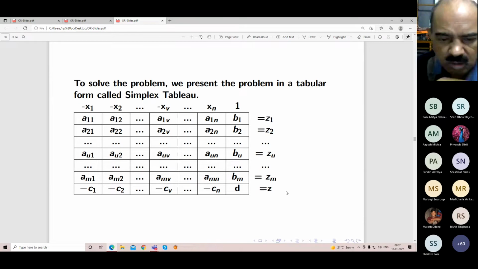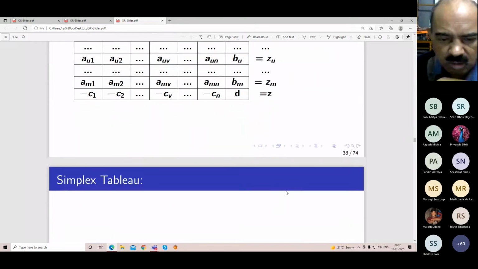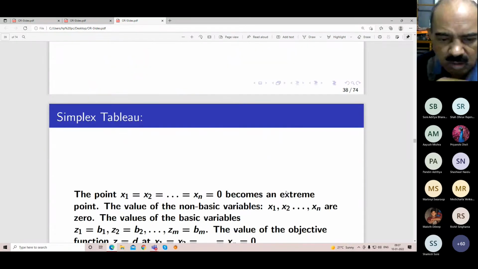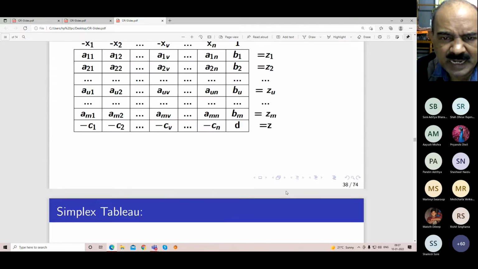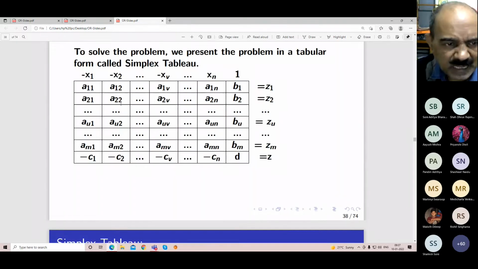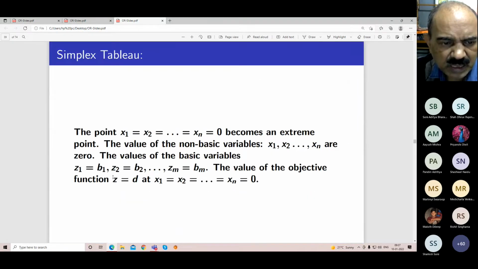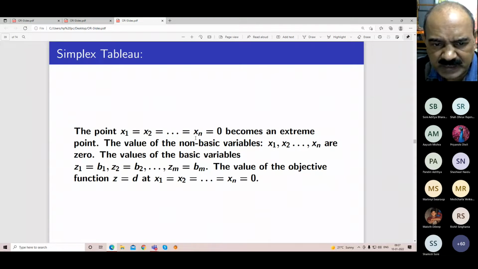So with respect to this, once I set x1 equal to x2 equal to xn, everything zero, say all these variables are zero, certainly this is also becoming an extreme point. Then the values of the non-basic variables are zero.